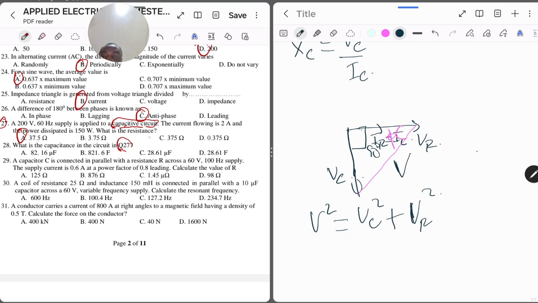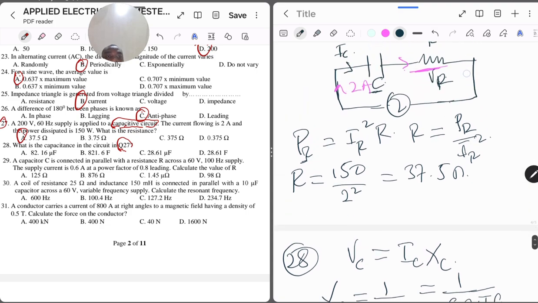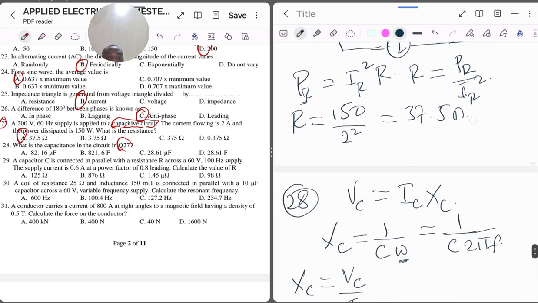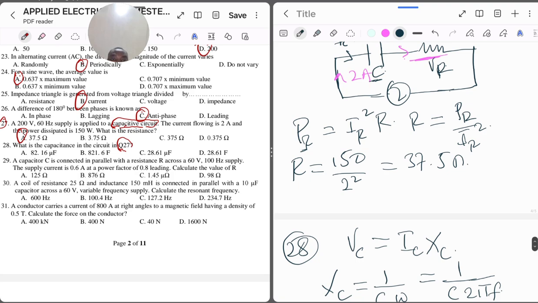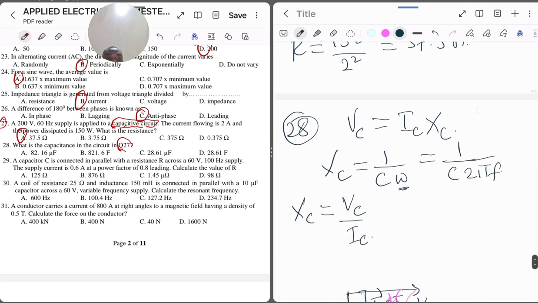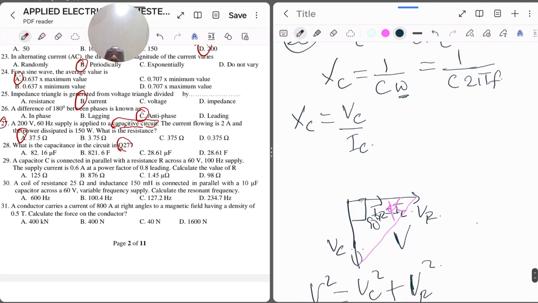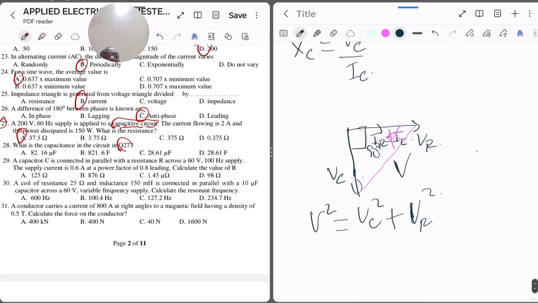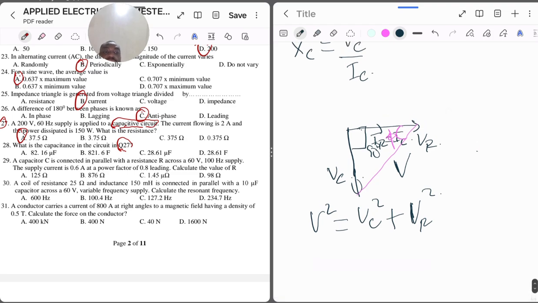When it comes to VR, I can calculate the voltage across the resistor, because we know the current passing through and we know the resistance. Or I could even have used the impedance triangle to get this straightforward, but since we have already done this, let's just continue with this.